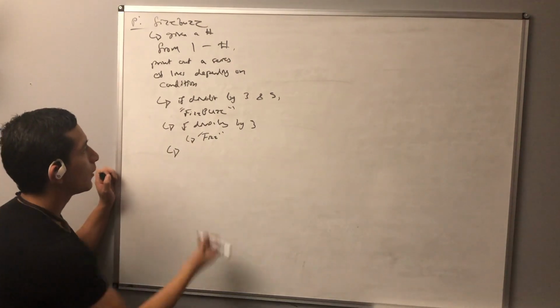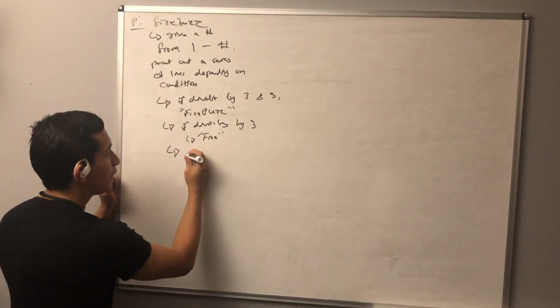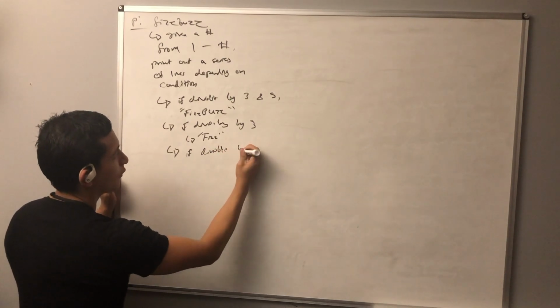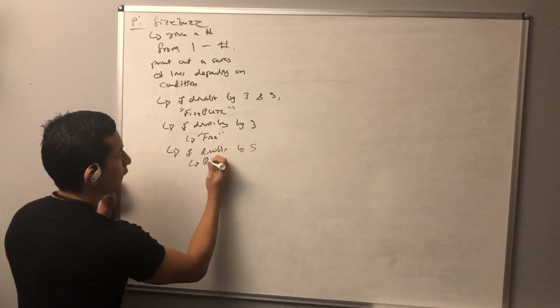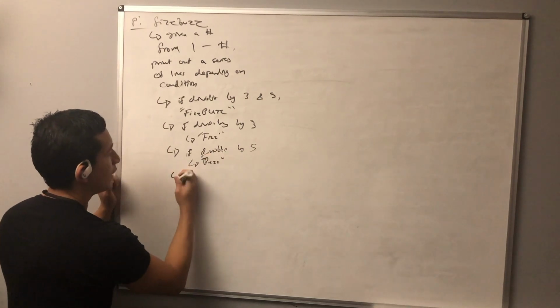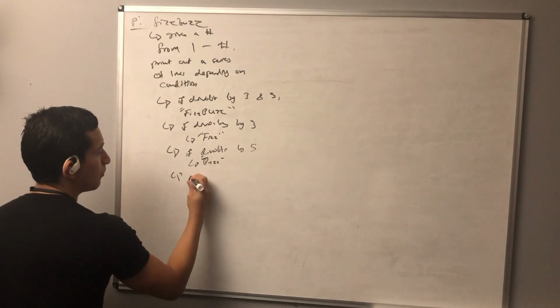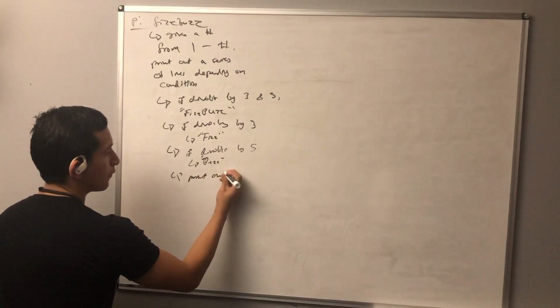And if divisible by just 5, print out Buzz. And then finally, if none of the above are true, just print out the number.